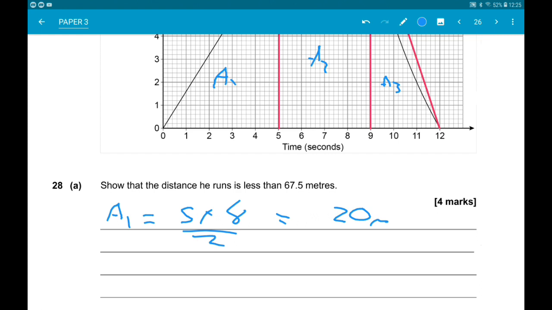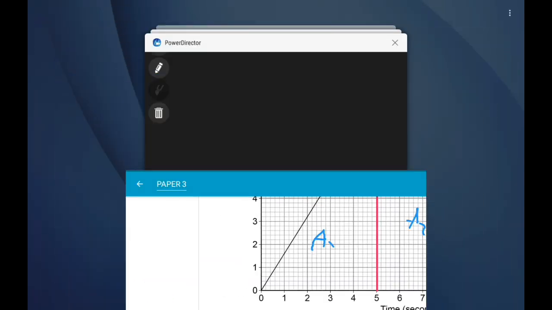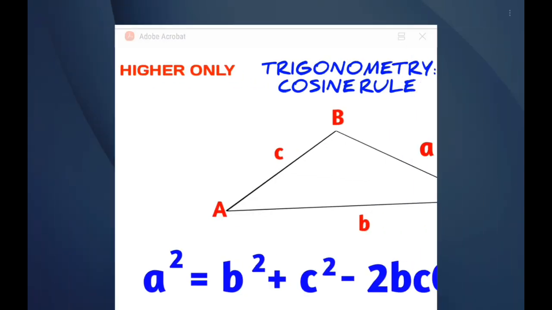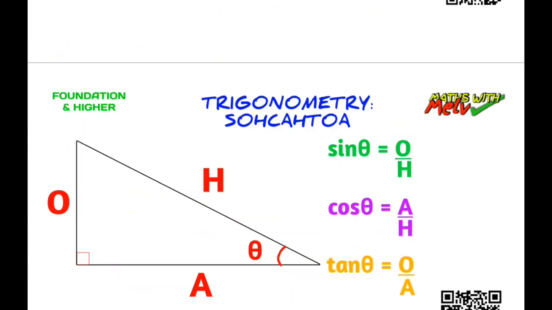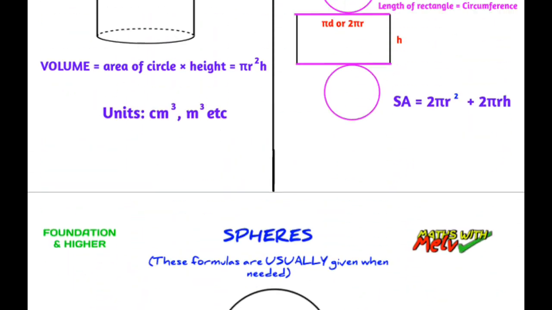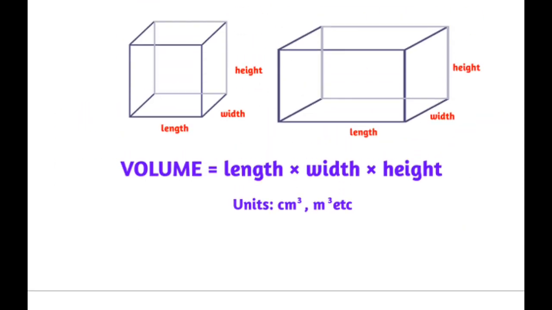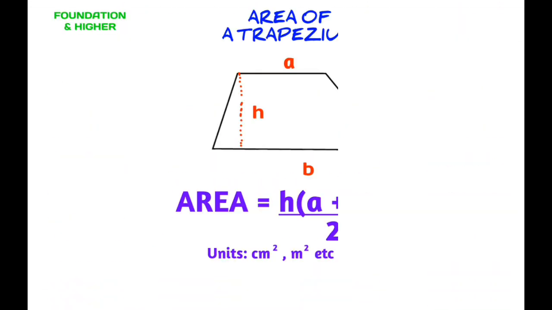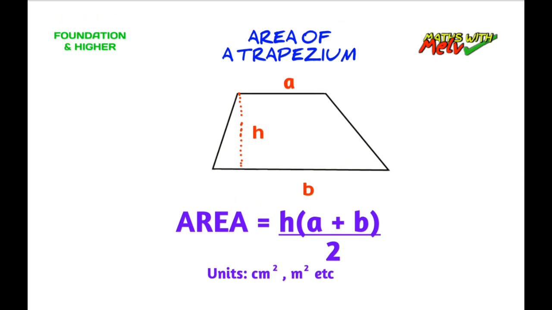Okay, now A2 is a trapezium. If you don't know the area of a trapezium, make sure you do before the real thing. There it is. So we need the height and the top and bottom lengths.